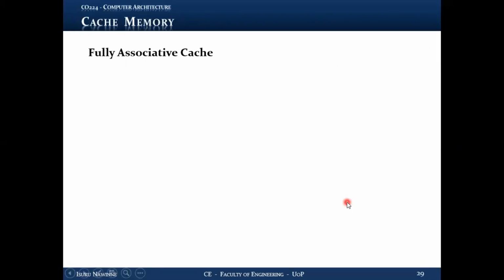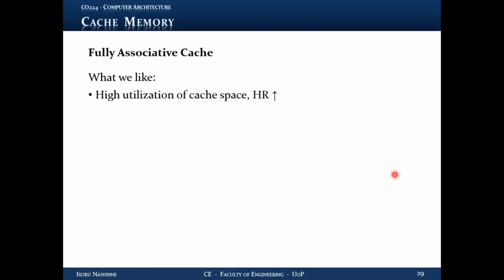So let's go ahead. Right, so with this fully associative cache concept, what do we like? High utilization of cache space, right? So we can have a better hit rate because there's a good chance of keeping cache blocks in the cache compared to the direct mapped implementation.